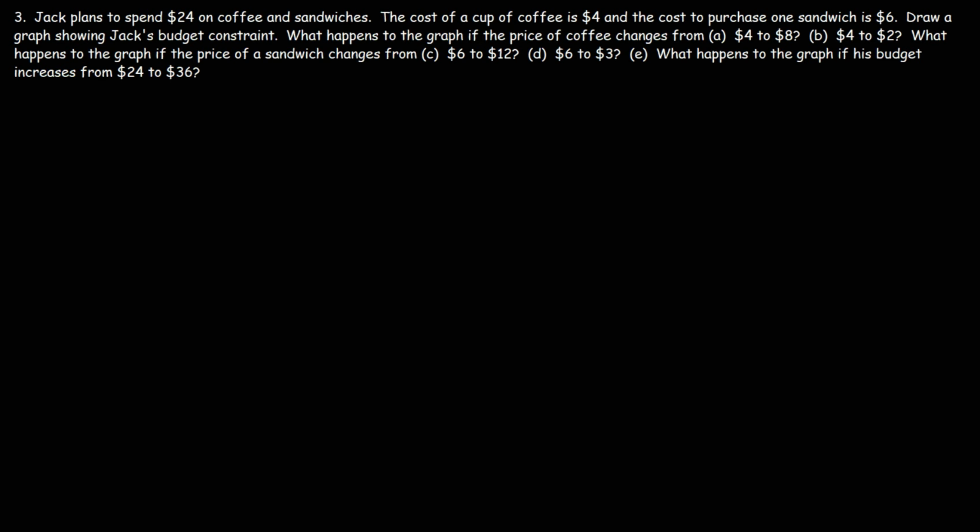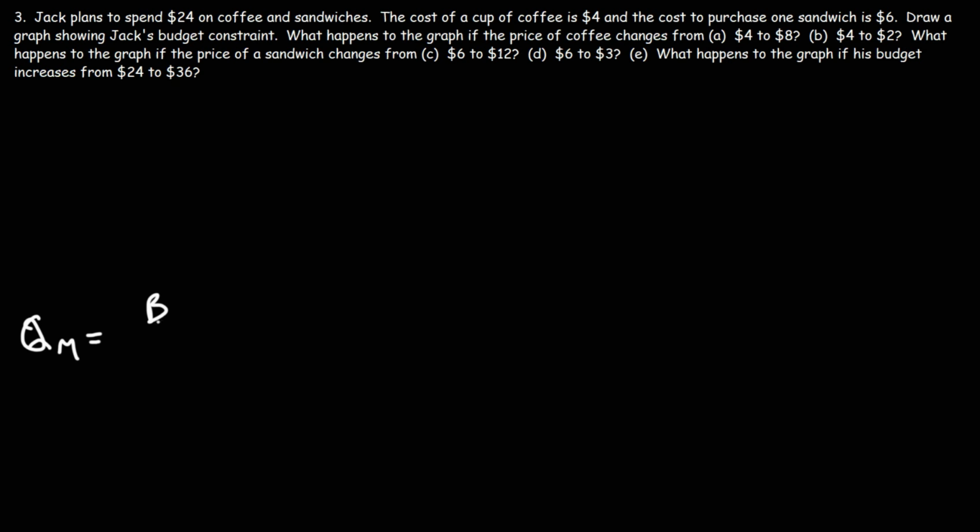Jack plans to spend $24 on coffee and sandwiches. The cost of a cup of coffee is $4, and the cost to purchase one sandwich is $6. Draw a graph showing Jack's budget constraint. Well, to do that, we need to calculate the maximum number of coffees that he can purchase.